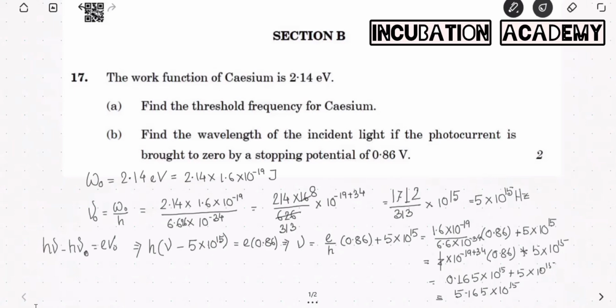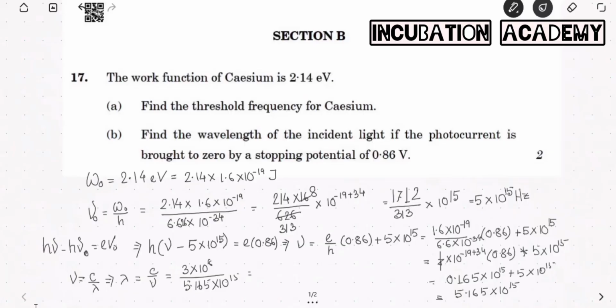But if you want to know the wavelength, then we know that nu equals c divided by lambda. So lambda equals c divided by nu. What is c? 3 into 10 to the power 8, divided by the frequency, 5.165 multiplied by 10 to the power 15.